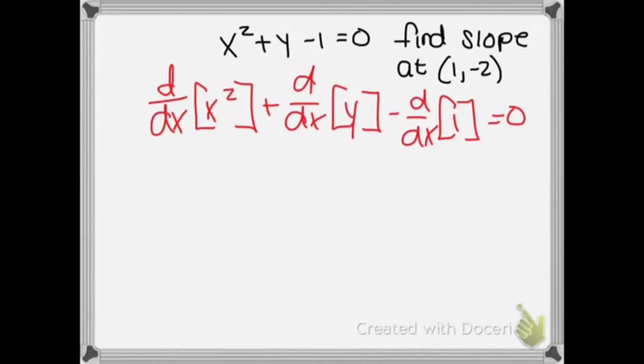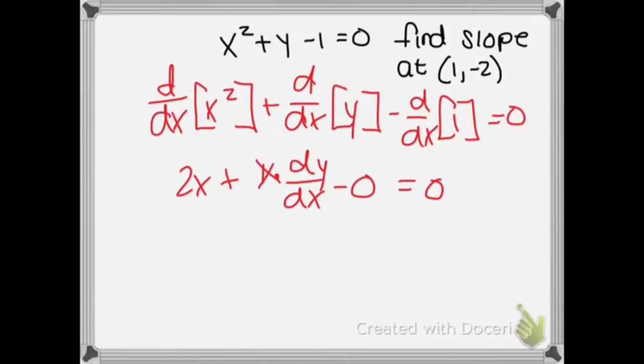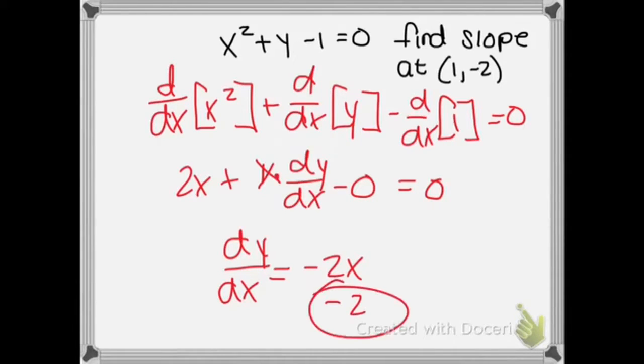So when we take the derivative, we get 2x plus 1 times dy over dx minus 0 equals 0. This just happens to be dy over dx. We subtract the 2x and get it to the other side. So we get dy over dx equals negative 2x. To find the slope at those given points, we plug in the x and we get negative 2 as our final answer.